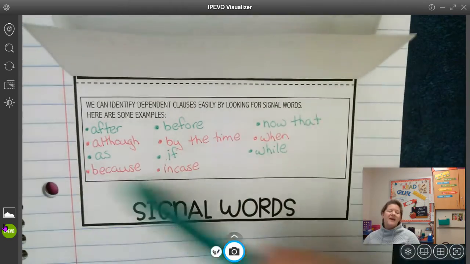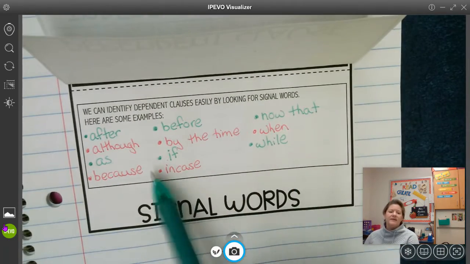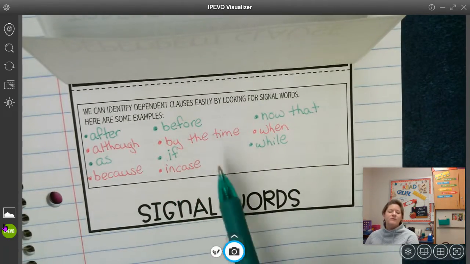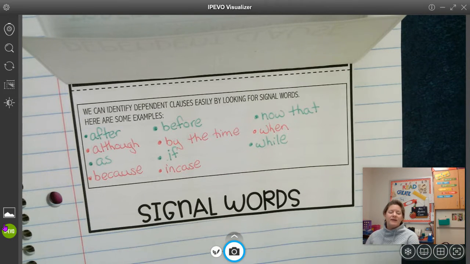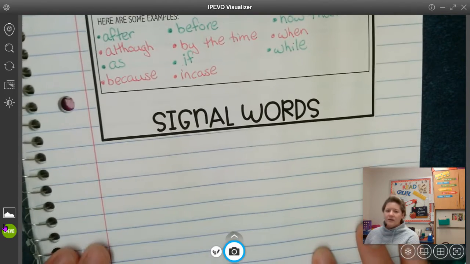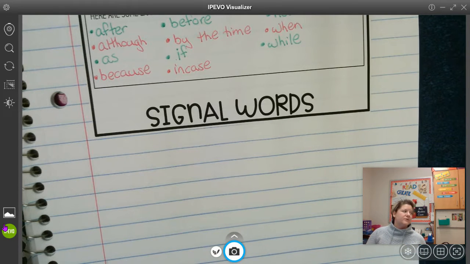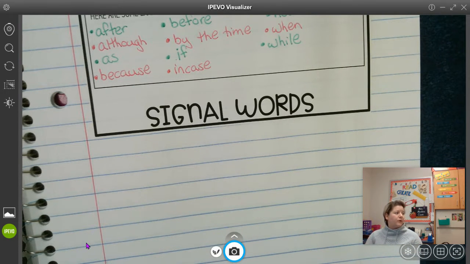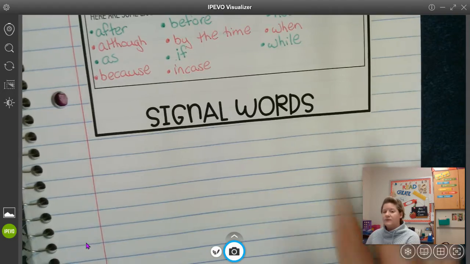There are a few more, it's a pretty big list. So these are just a few examples. So if you ever see these at the beginning of a sentence, you know that it's a dependent clause. It doesn't make sense. The sentence is not finished. So we are going to look at a few more examples, okay?